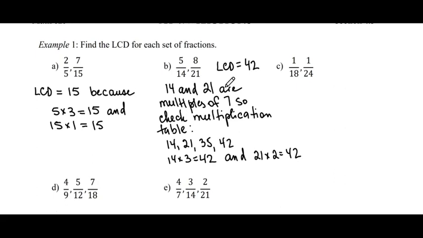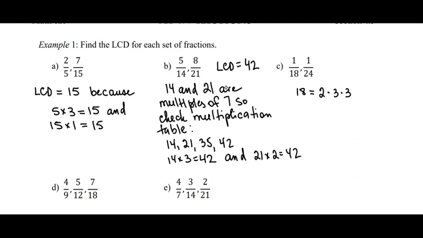All right, so 18, if you are going to represent that as a product of primes, 18 is 2 times 9, and 9 is 3 times 3.